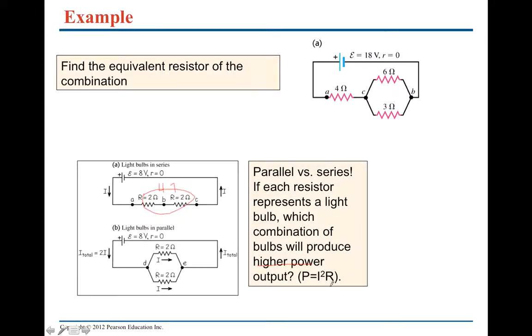The combination of these two is 4, the current is 2, and the power is I squared times R. So 2 squared, which is 4, times 4 is equal to 16. So the power output for this combination is 16. However, if you look at this one, it's 1 over 2 plus 1 over 2, which is a half plus a half, which is 1.